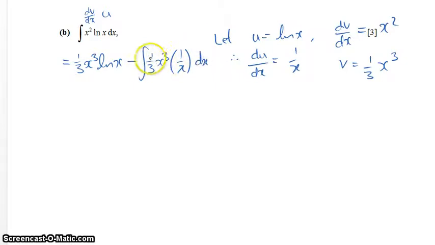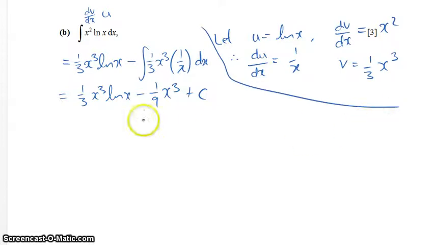So this is of course going to be a third x squared. This gives us 1/3 x cubed ln x minus 1 over 9 x cubed plus our constant of integration. So that is 1b.